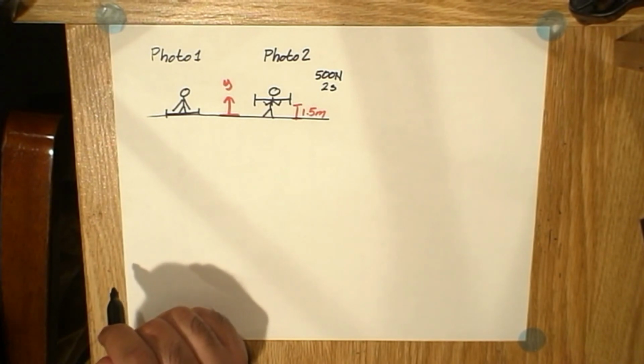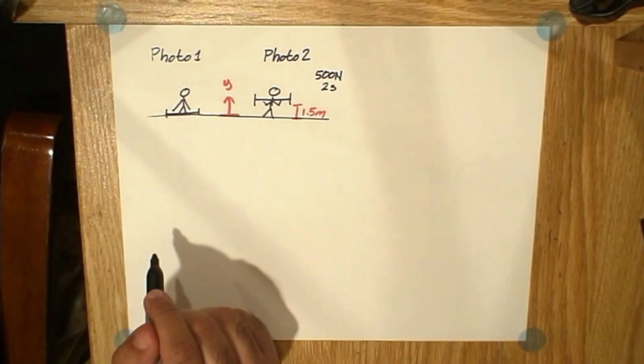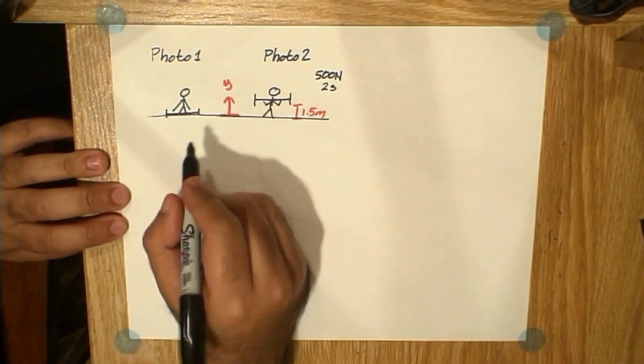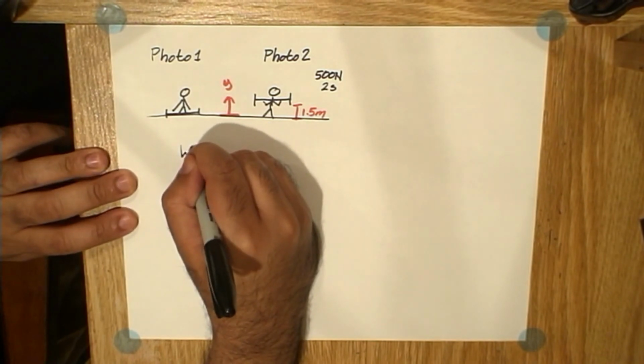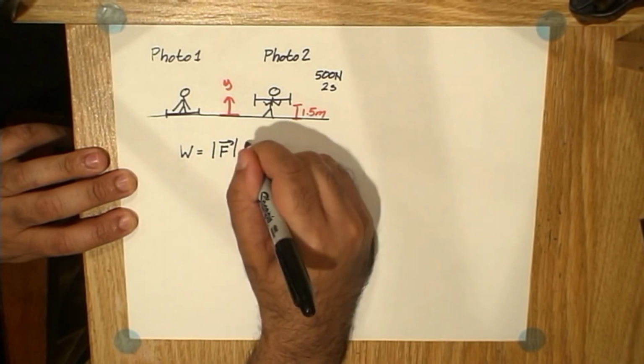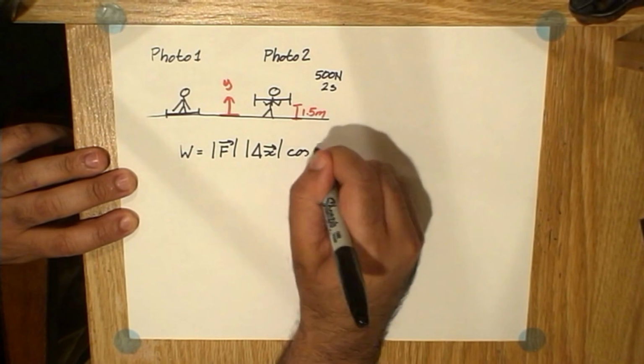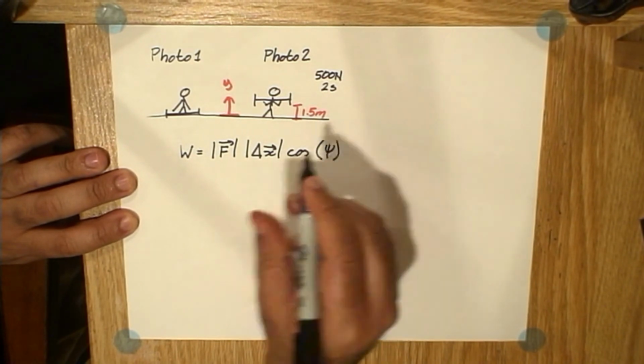So what we would like to find out is, what is the power that the weightlifter exerted? Let's start by figuring out the work. Work is equal to the force multiplied by the displacement multiplied by the cosine of the angle between them.